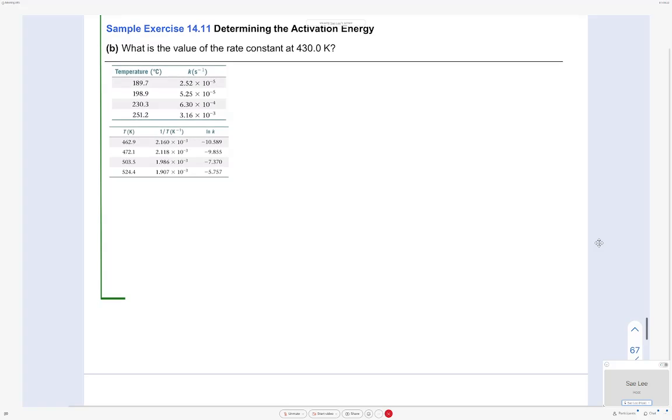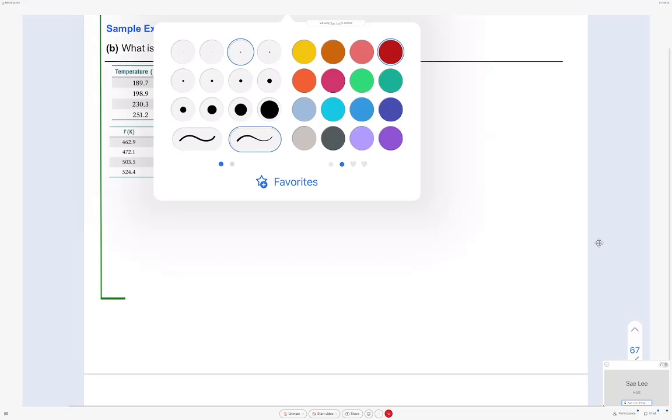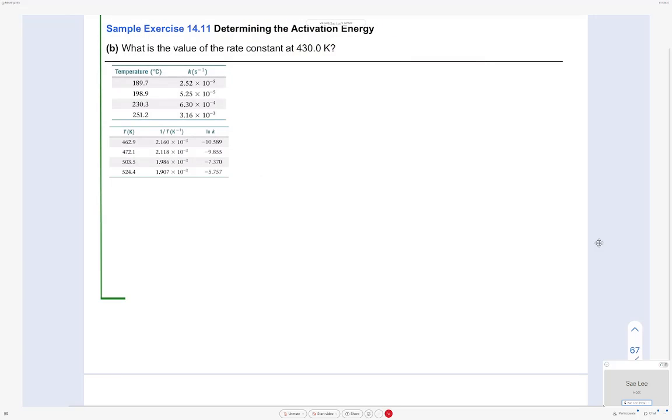Okay, so question B is asking to find the rate constant at 430 Kelvin. The temperature is provided, and we need to find the rate constant K. Because various different temperatures are used here, we will use this equation.